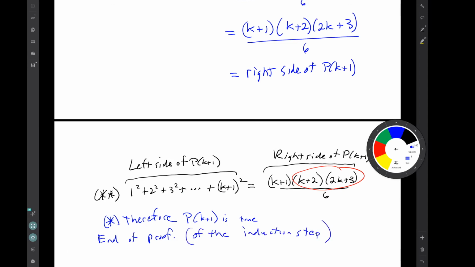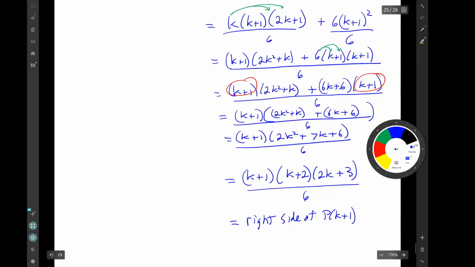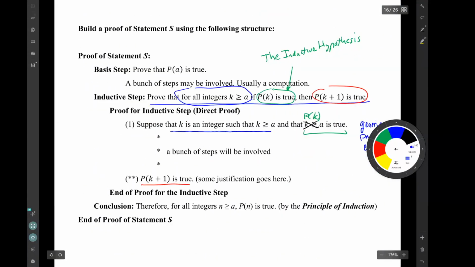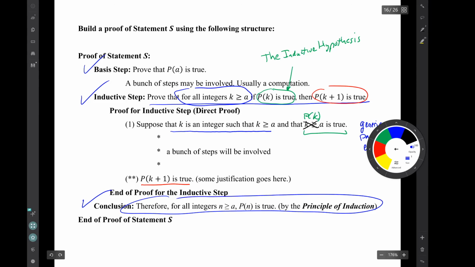What's next? Well, let's go back up and review our proof structure. We've done the basis step, we've done the inductive step, so now we're just left to write the conclusion. The conclusion is, therefore, for all integers n greater than or equal to a, P(n) is true.